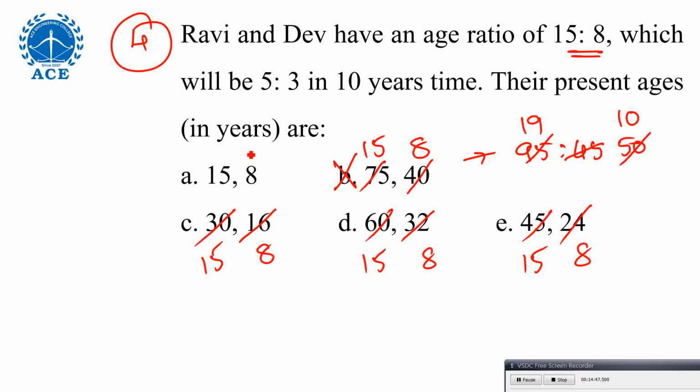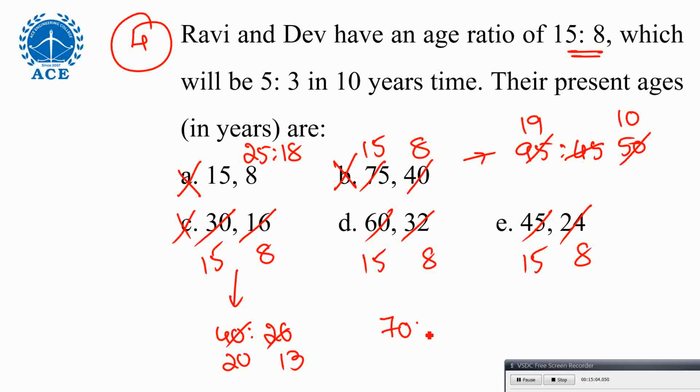If you add 10 here, this is 25 and 18, not satisfied. If I add 10 here, 40 and 26. This is 20 and 13. Not satisfied. If I add 10, this is 70 and 42. 7 times 10, 7 times 6, which is 5 is to 3.